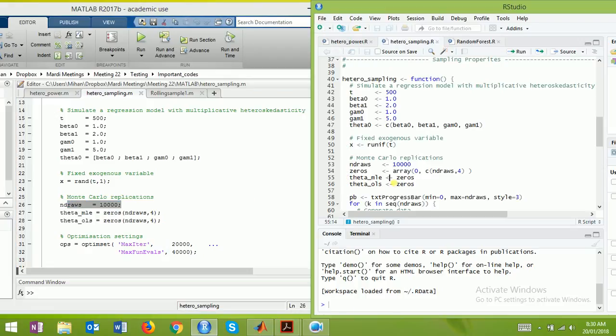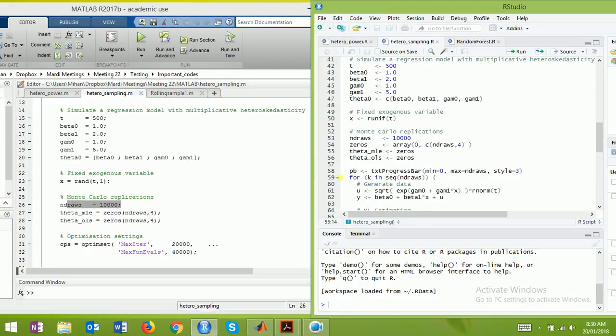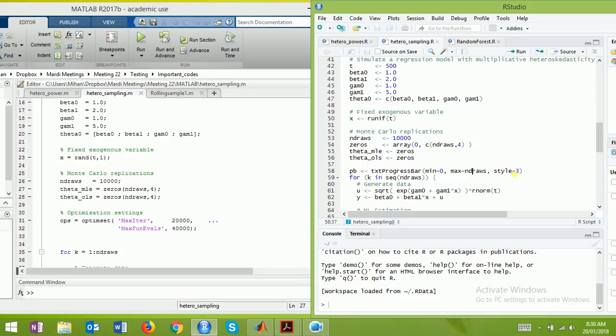100,000 replications, so we'll create 100,000 rows. Array with n rows and 4 columns. Monte Carlo replication, 4 for 4 parameters. ML zeros, theta LS zeros. Text progress bar. K equals 1 to n.